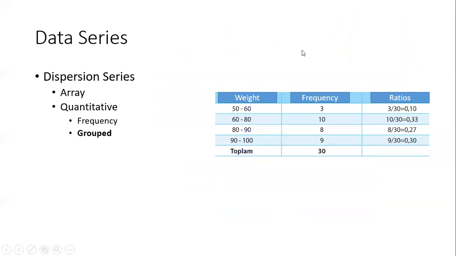Okay, so we have the slide there. This is fine, just grouping the data, writing the frequency table, and so on. But sometimes we need some kind of measures which represent the data in a very brief way.